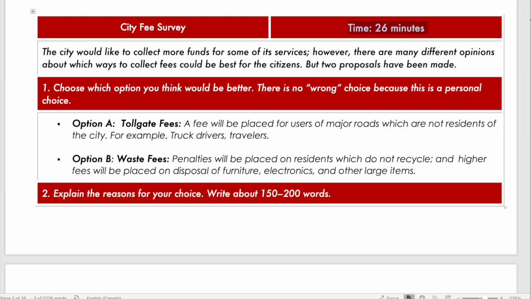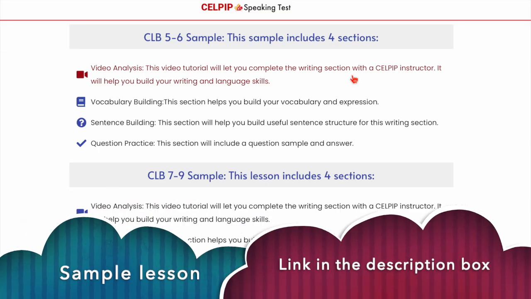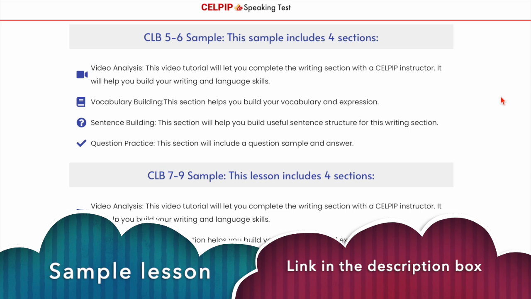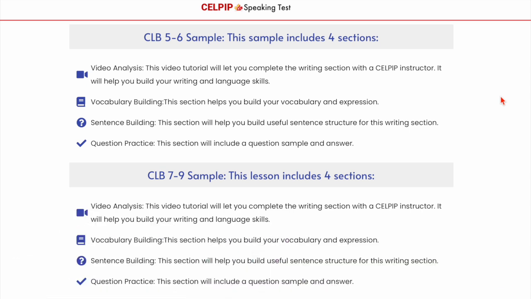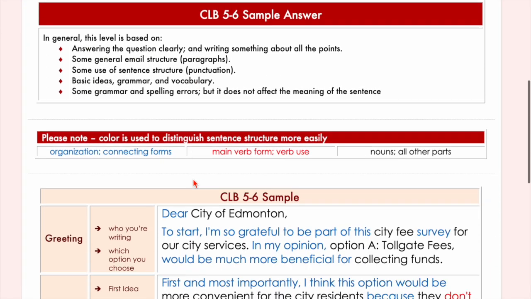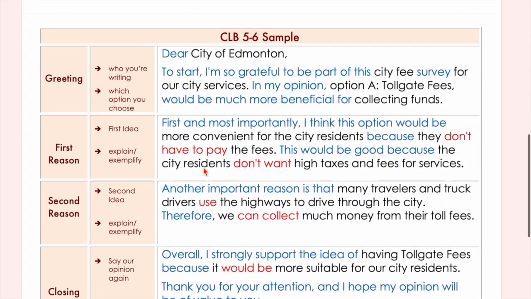For that, everyone, I will be leaving a link in the description box to our sample lesson, okay? And here you will see the CLB sample 5-6, okay? And over here will be our question. There's our question. You can read it and type it out. Okay, everyone, very good practice.